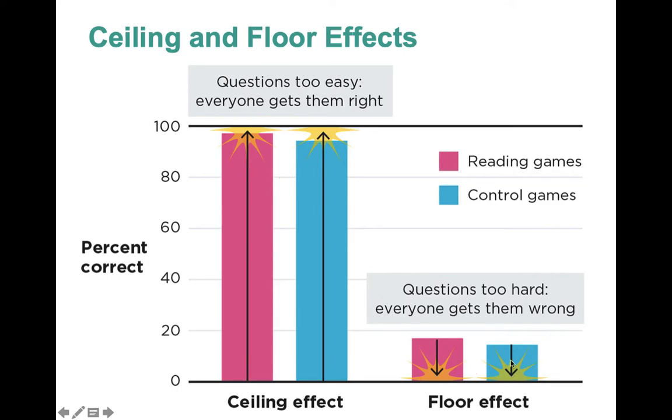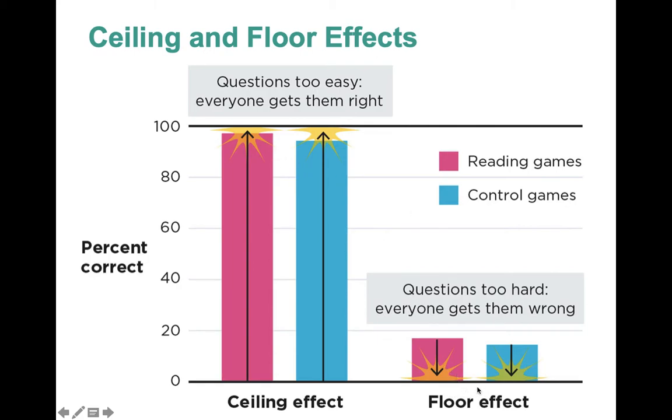Just the opposite could happen in the case in which the questions that were designed to measure performance are just too hard, and let's say a majority of participants gets them wrong. Here we're not able to see much of a difference between the two experimental conditions because everybody is at the floor of performance. Before we were at the ceiling of performance, now we're at the floor.